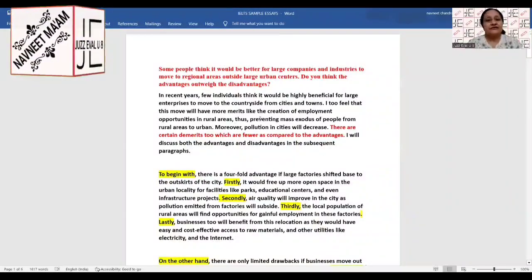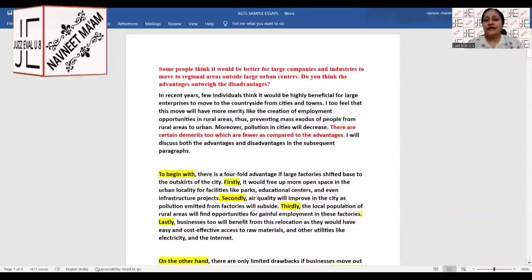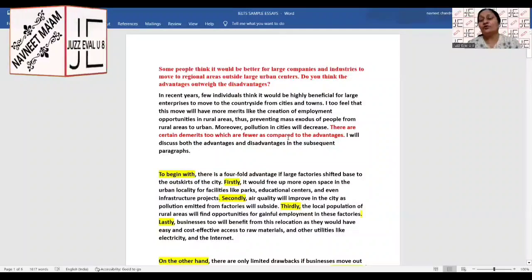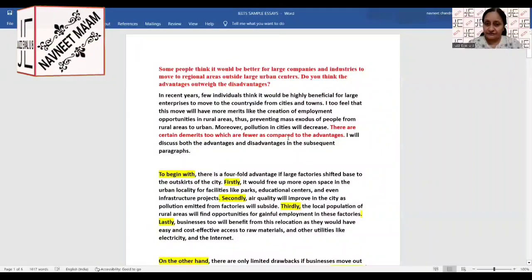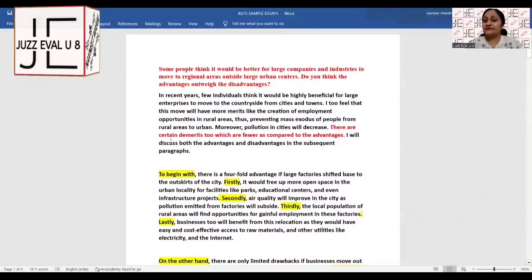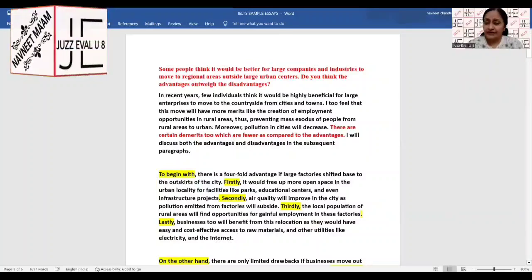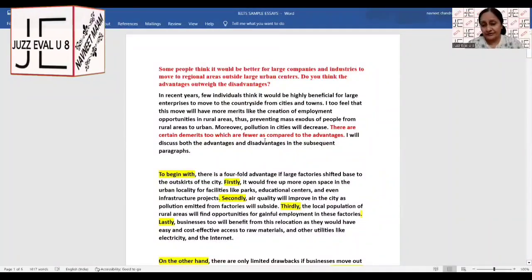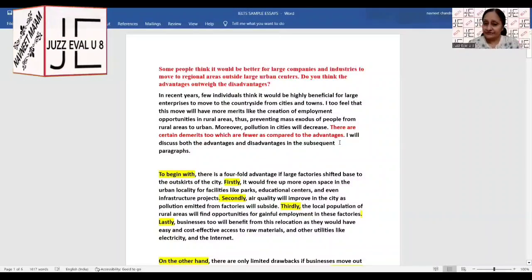So, like in this essay, we have decided that advantages are more than the disadvantages. We've already mentioned that there are certain demerits too. There are merits, but there are some demerits too, which are fewer as compared to the advantages.